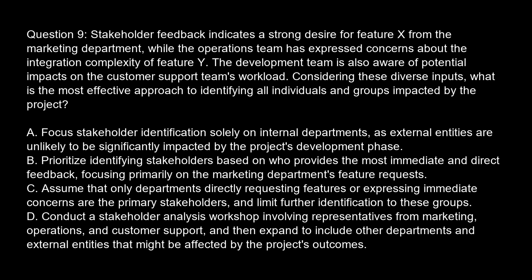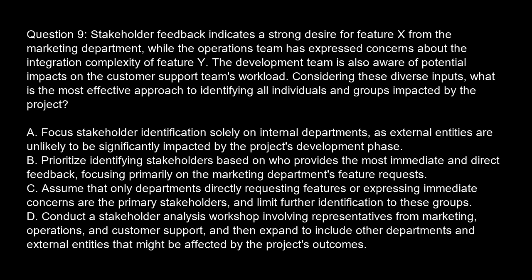Option A. Focus stakeholder identification solely on internal departments, as external entities are unlikely to be significantly impacted by the project's development phase. Option B. Prioritize identifying stakeholders based on who provides the most immediate and direct feedback, focusing primarily on the marketing department's feature requests.